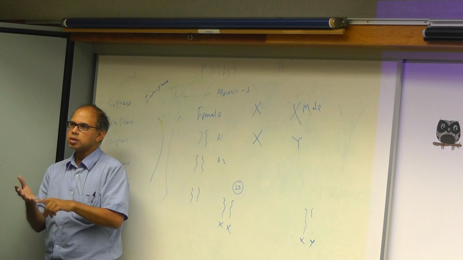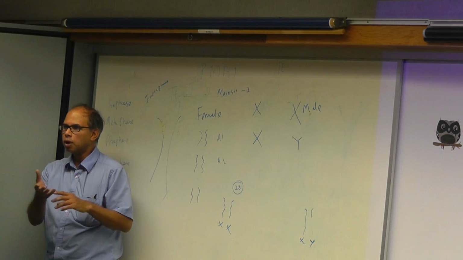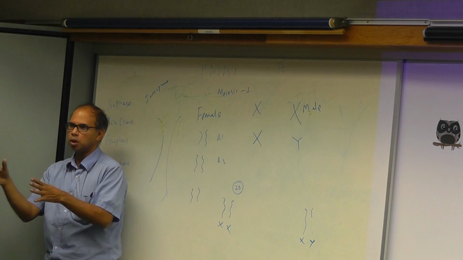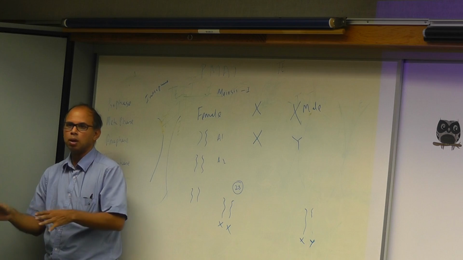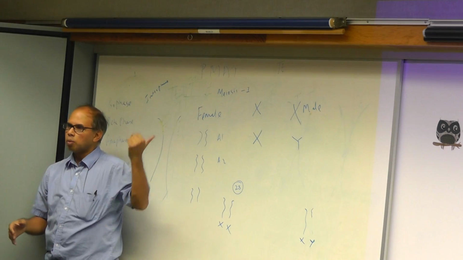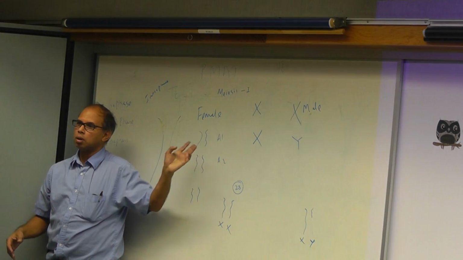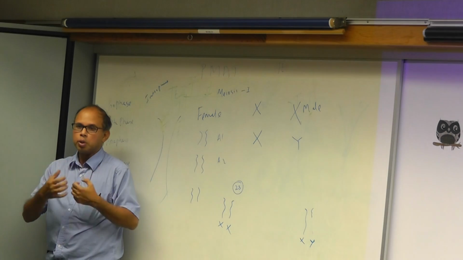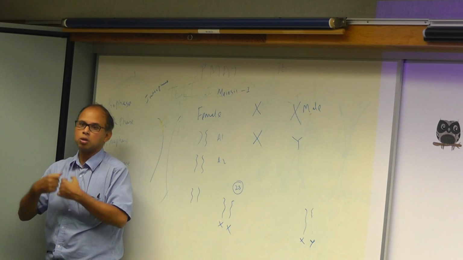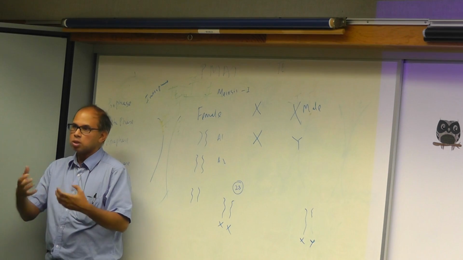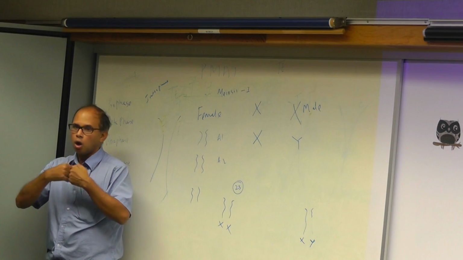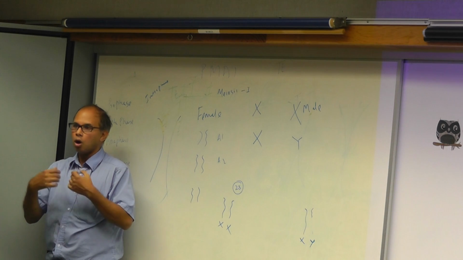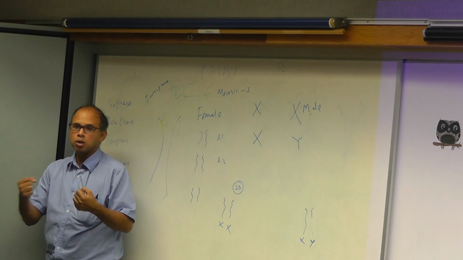I'll cover the things that were not covered last time, like more exceptions to Mendel's laws that I didn't cover very well, and some of the disorders that happen as a result of errors during mitosis and meiosis. Because this is either a perfect copying machine or a random reduction machine.